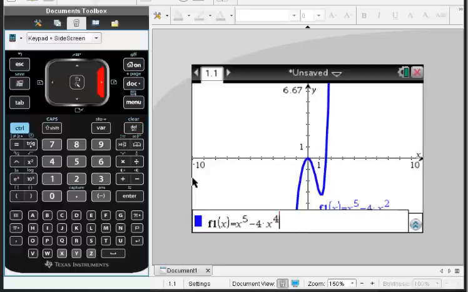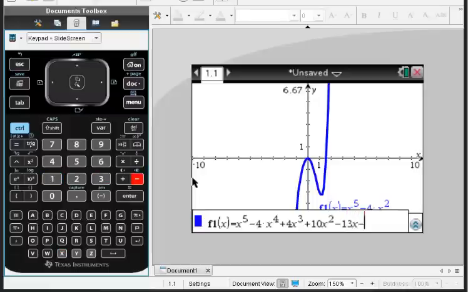Alright, so we're punching all this in. And we're going to try and figure out, after we do this, what our zeros are.